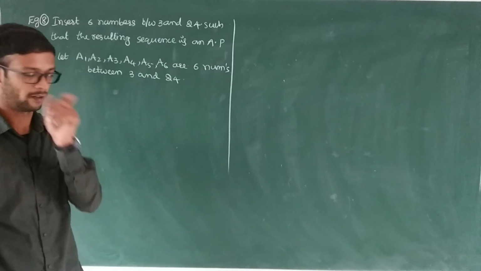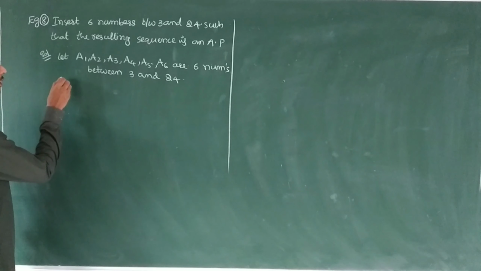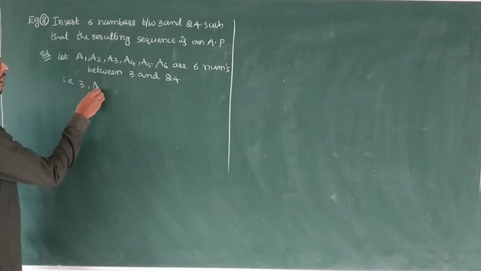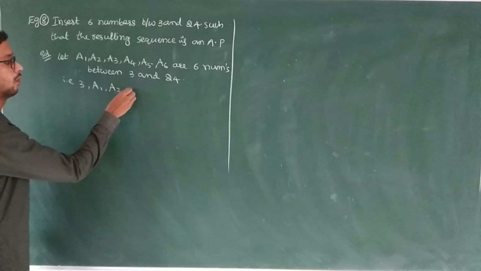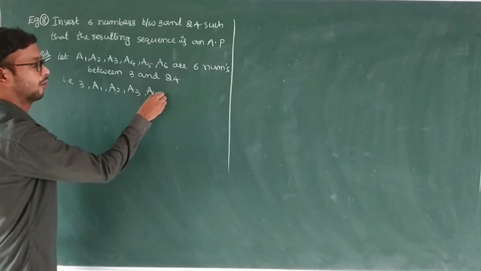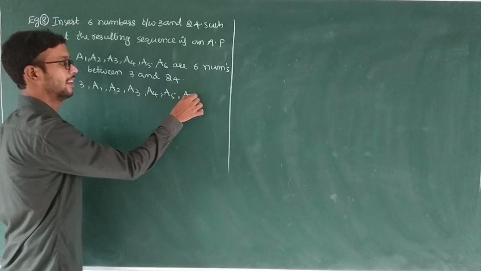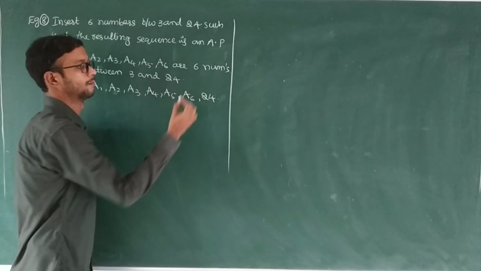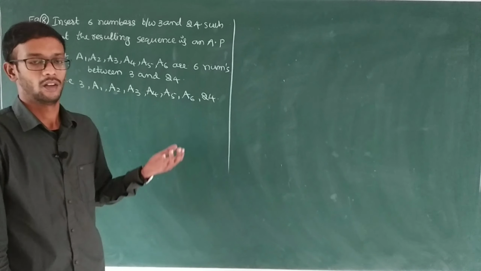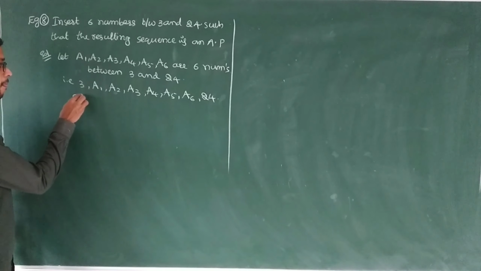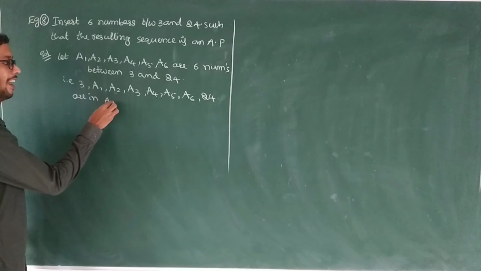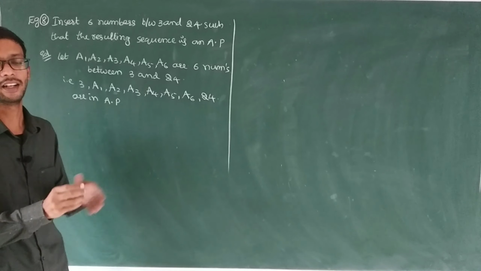So 3, A1, A2, A3, A4, A5, A6, 24 are in AP.